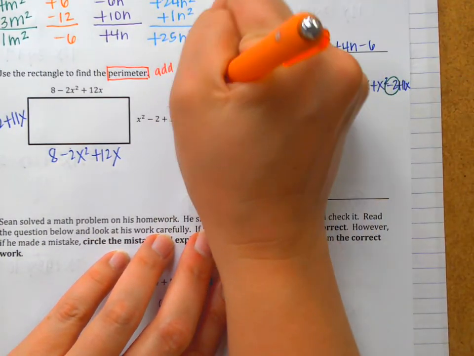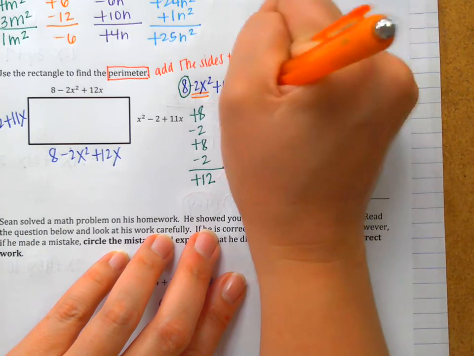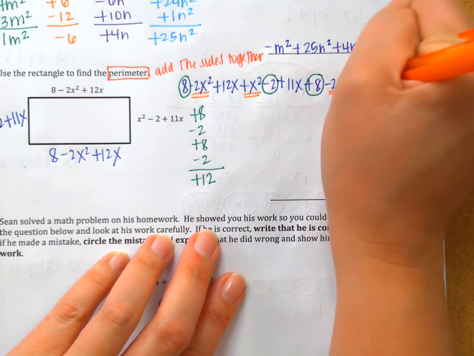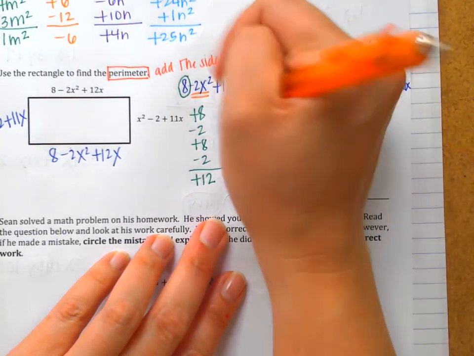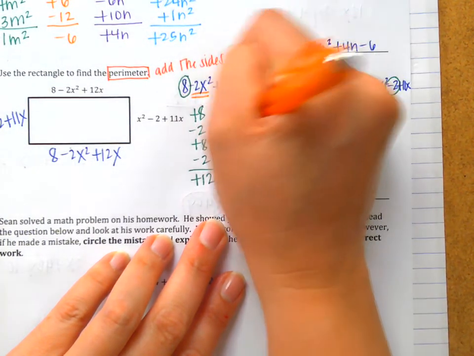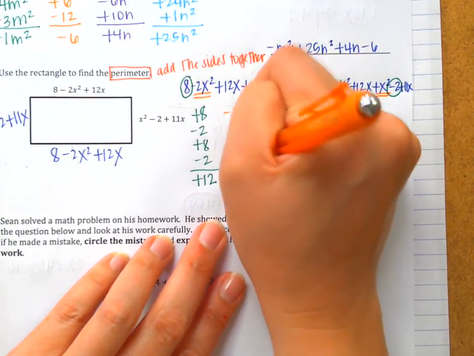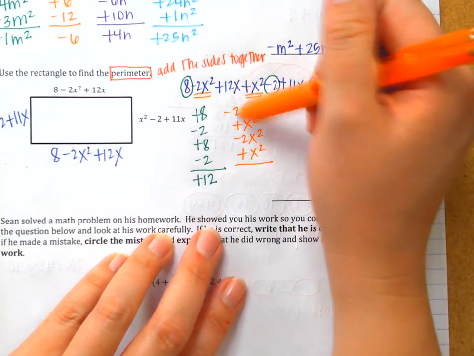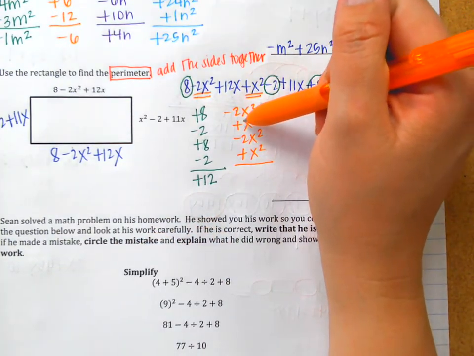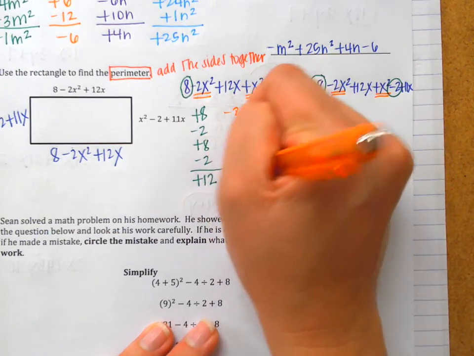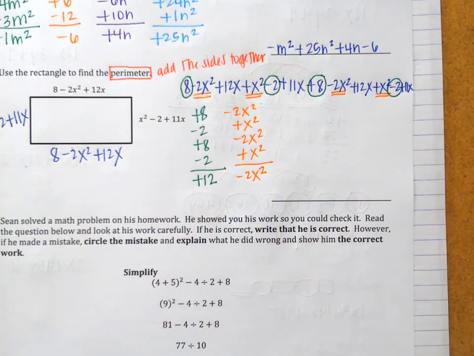And then negative 2x squared plus x squared, negative 2x squared plus x squared. So negative 2 minus 2 is negative 4 plus 2 gets me negative 2x squared.